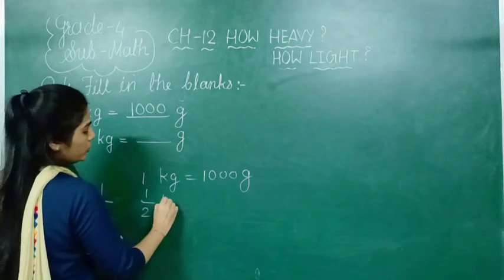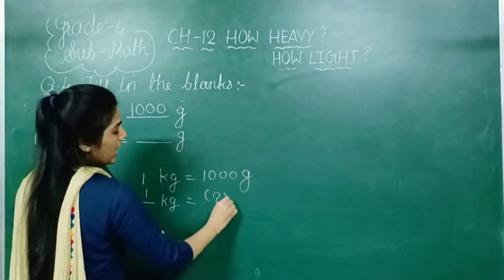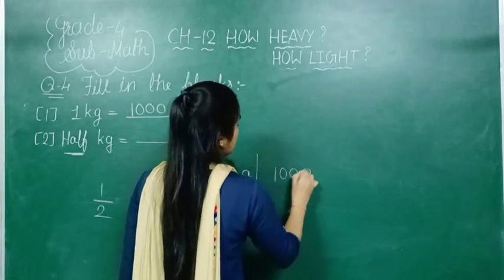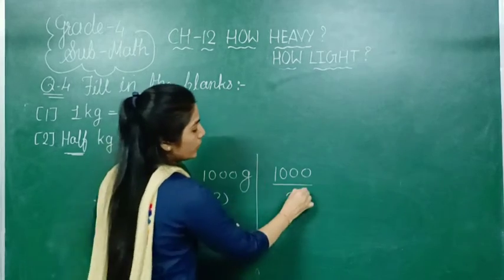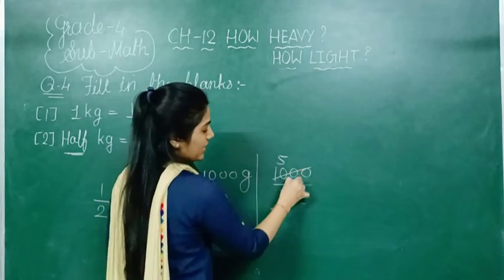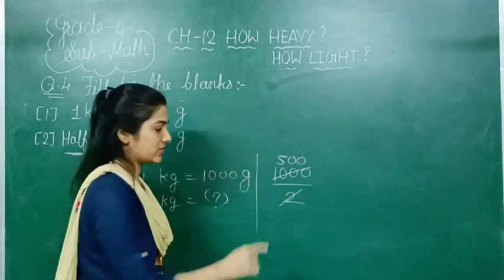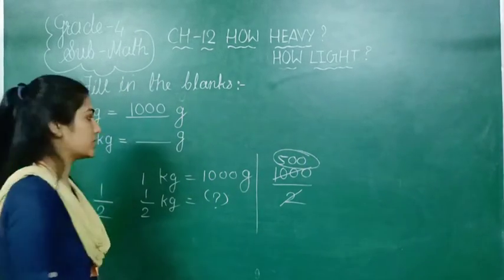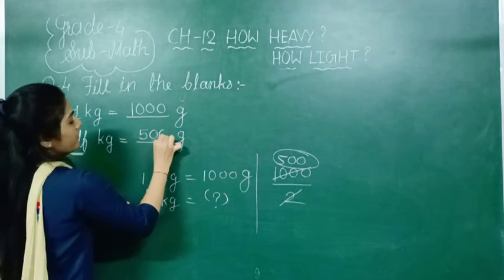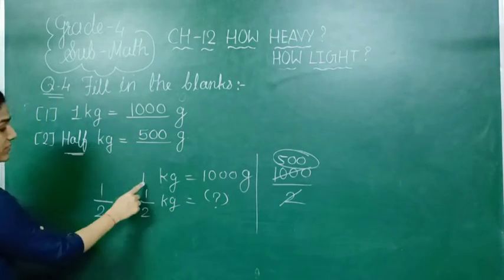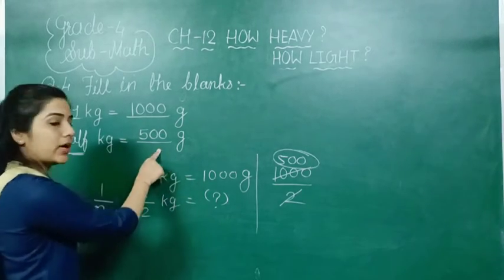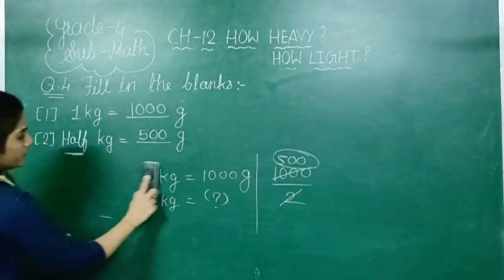So 1 upon 2 kg is equal to how much? If we divide this 1000 by this 2, 2 5s are 10 and the 0s behind, we will get 500. So the answer will be 500 gram: 1 kg is equal to 1000, so half kg is equal to 500 gram. This is our second answer.